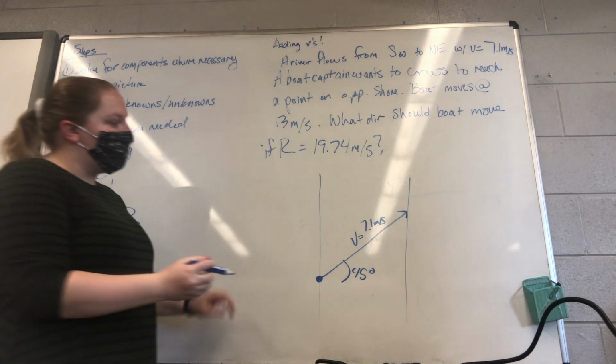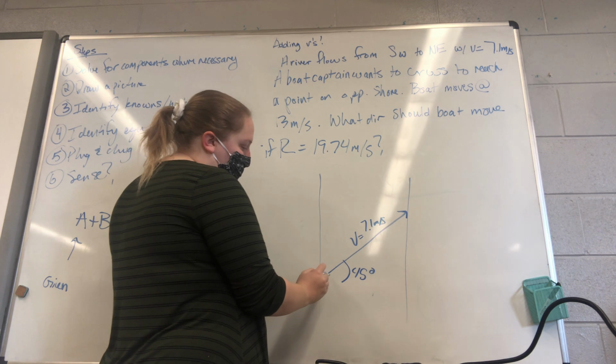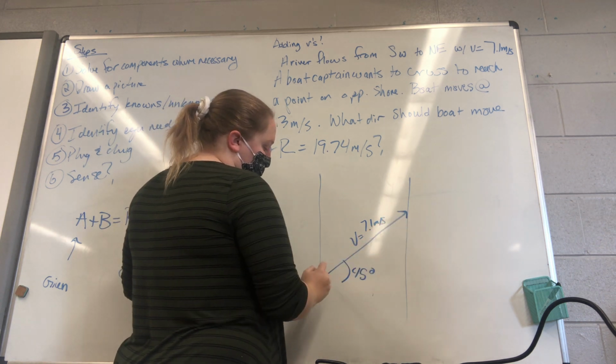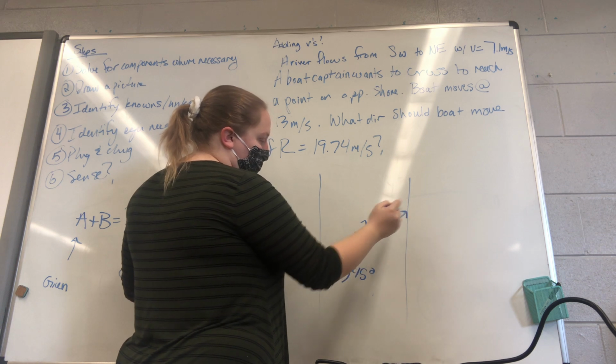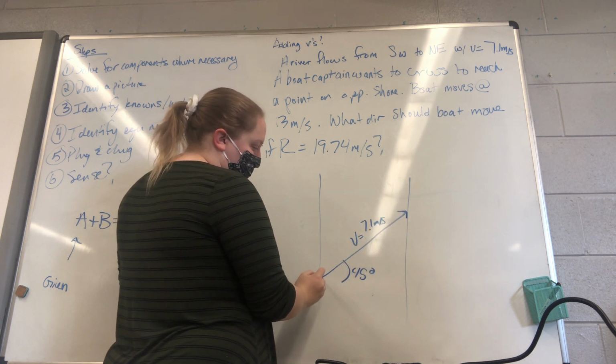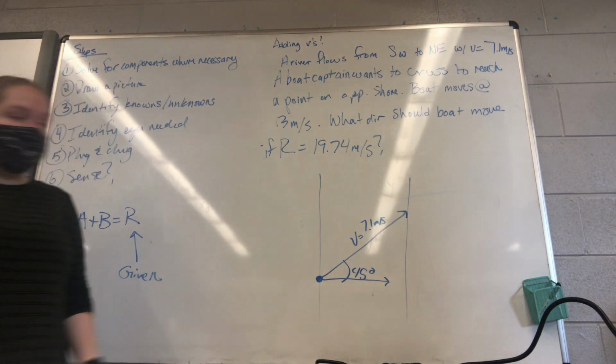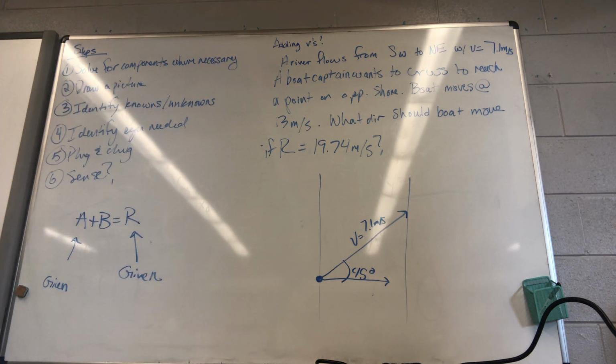The other one says the resultant is 19.74 meters per second to get to the opposite shore. So the resultant is this plus whatever the boat is moving. My guess is, and disagree if you think otherwise, when a boat sets out, it's probably just trying to get across in the most efficient manner it can, correct? So wouldn't you assume it's going straight?